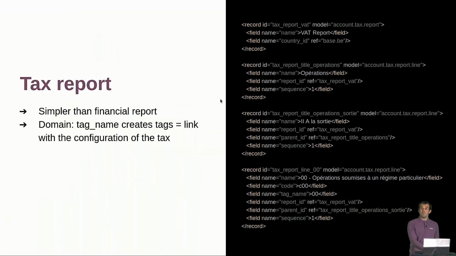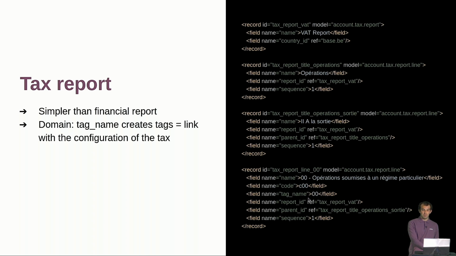Then we have the tax reports. They are new from version 13. And in version 14, it's also possible to create a tax report for multiple countries. So we also have the account tax report object. Here, the domain is not the domain anymore, but there is the tag name.